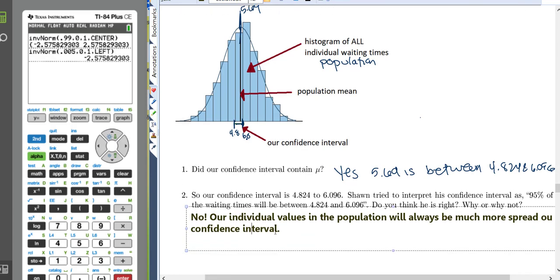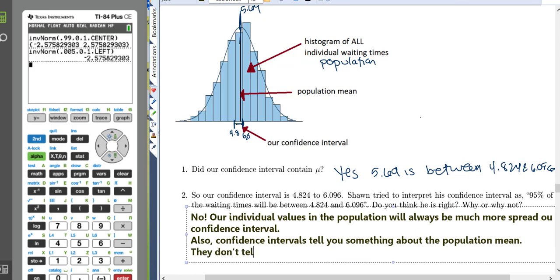Also, that's just kind of to help you believe it, but confidence intervals tell you something about the population mean.